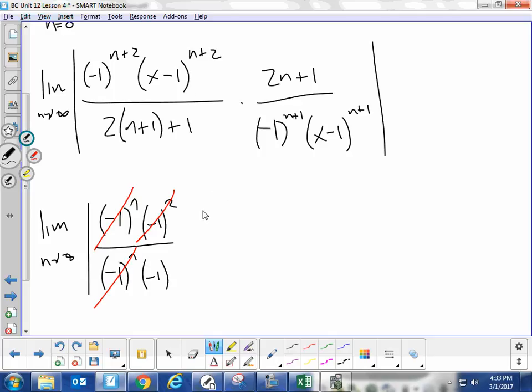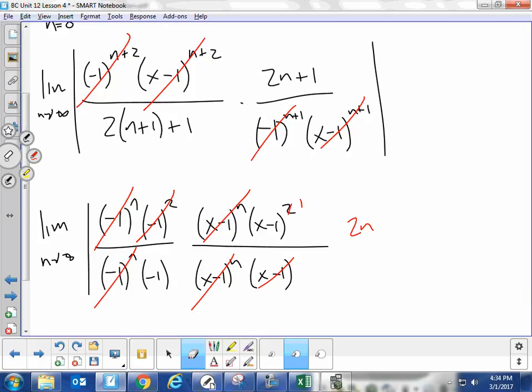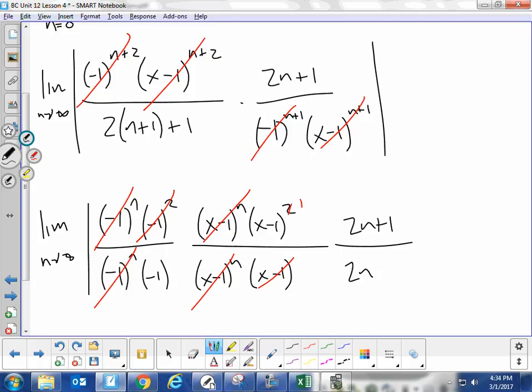Over here, I have (x minus 1) to the n times (x minus 1) squared over (x minus 1) to the n times (x minus 1). So this would cancel, and this would turn into a 1. I've covered this, that, and that. The last is the 2n plus 1 over 2n plus 2 plus 1, which is 2n plus 3.